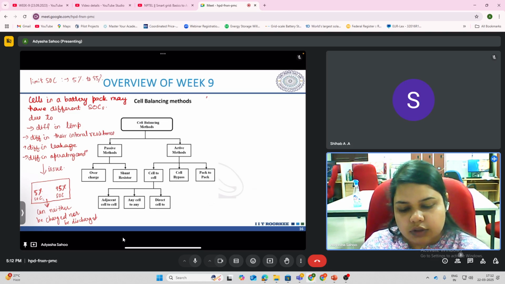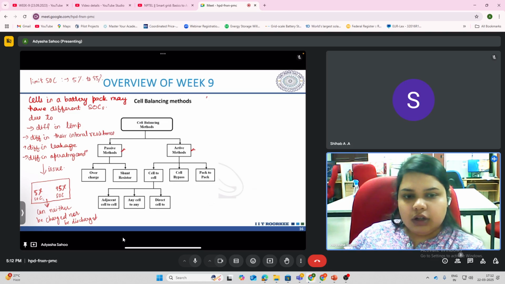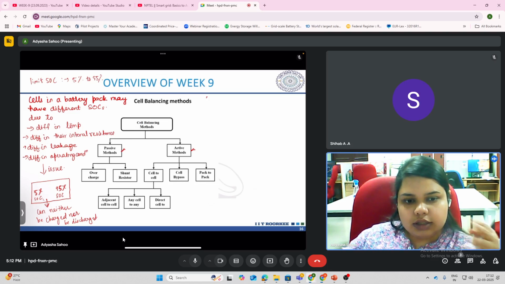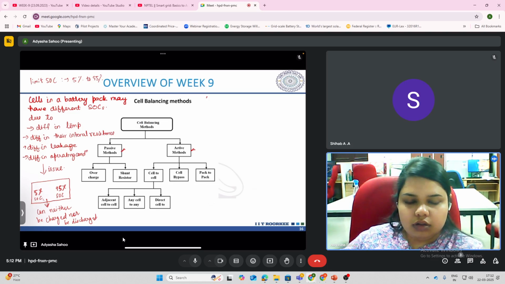Majorly they were passive type or active type. In the passive type, we were trying to match the SOCs by dissipating the excess SOC in the form of heat. Basically, we discharge the battery using resistors and the power is lost in the form of heat. So that was the passive method.